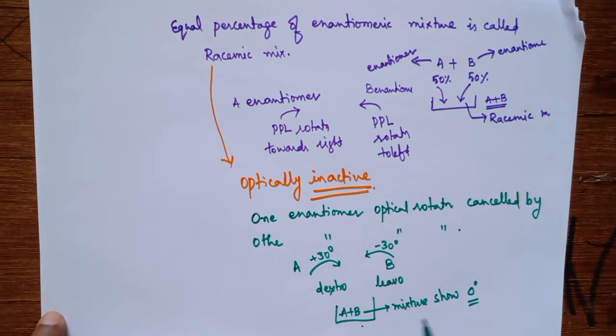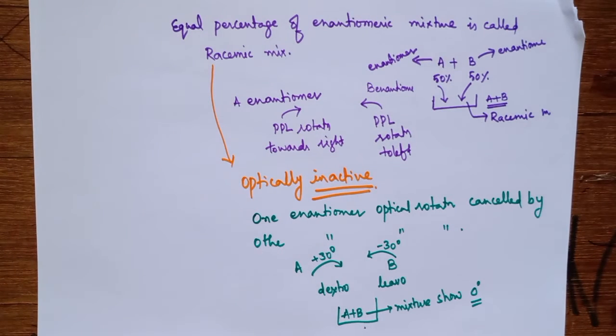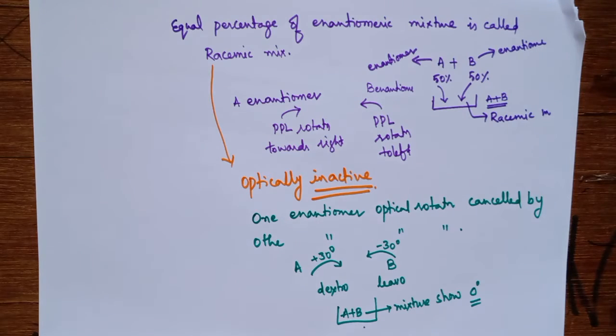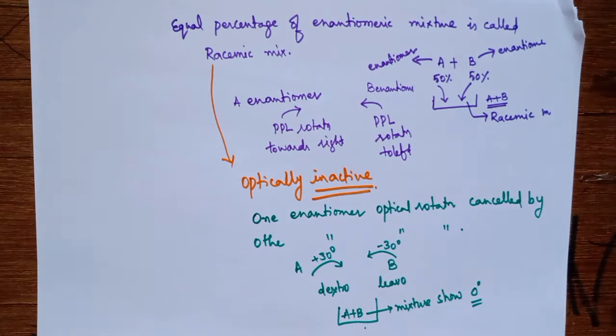That's why the AB mixture shows 0 degrees and does not show any optical value. That's why the racemic mixture is an optically inactive compound, whereas the A and B enantiomers individually are optically active. So what is the concluded point? Enantiomers are optically active, but the racemic mixture is optically inactive.